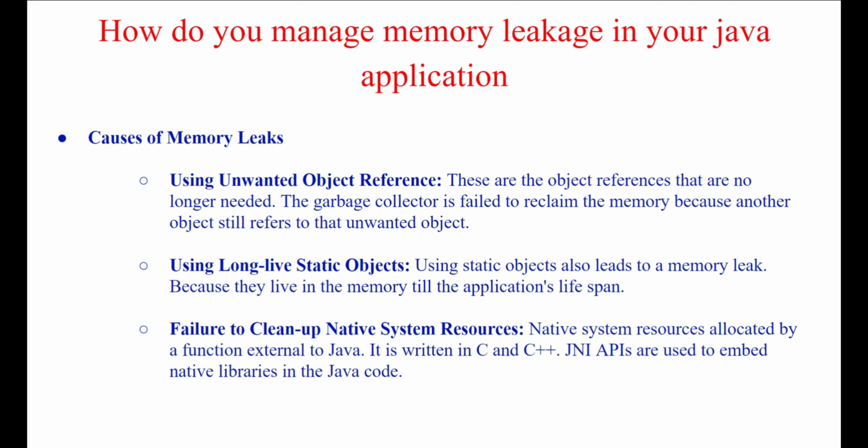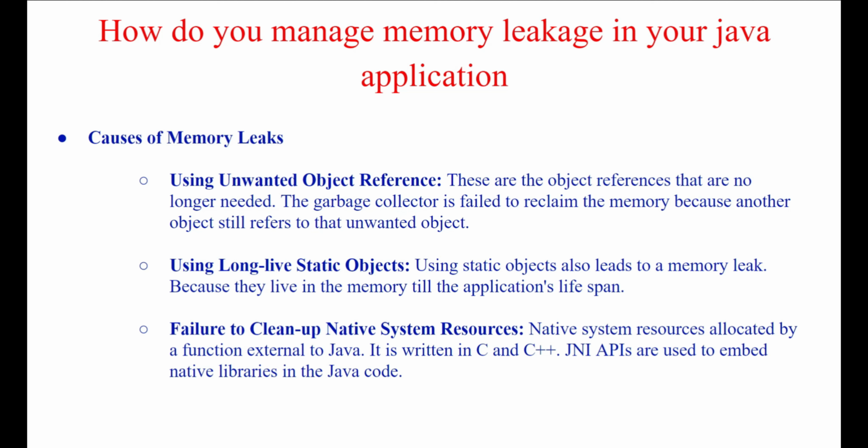What can be the main reasons for this memory leakage? The main reason can be unwanted objects still having references. When you don't need an object, but the reference still exists, then the garbage collector cannot differentiate between useful objects and not useful objects still having references. So the garbage collector will not collect the objects which are still referenced, though they are not useful for your application.